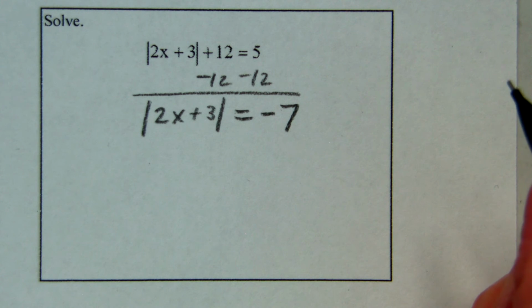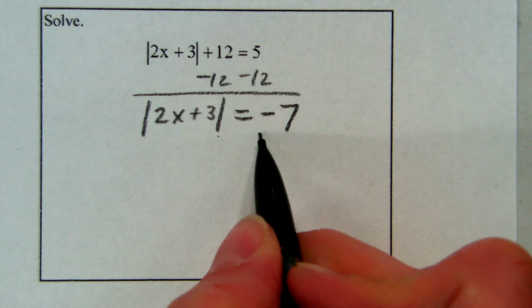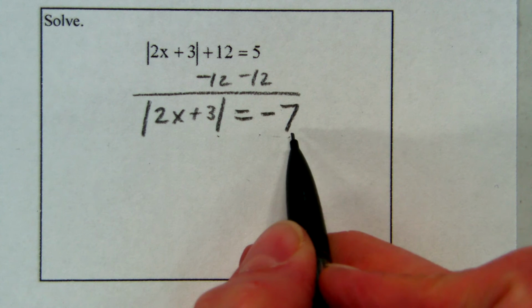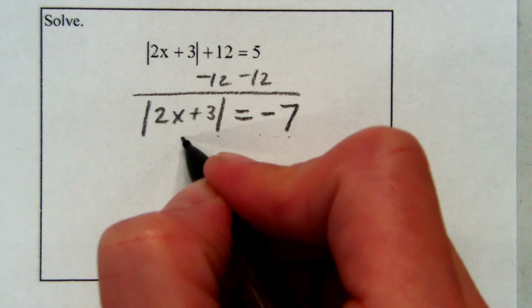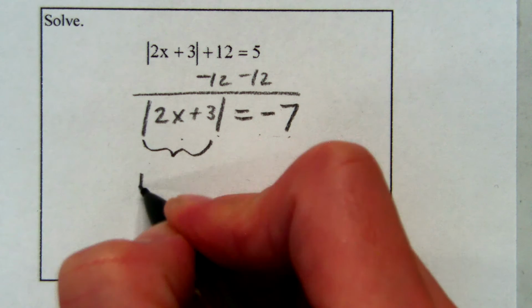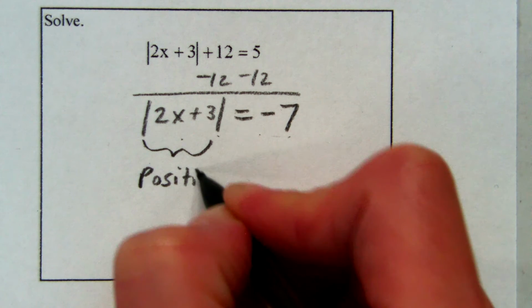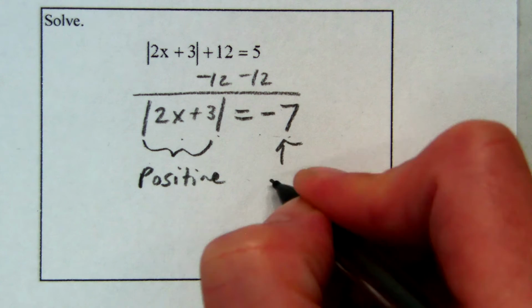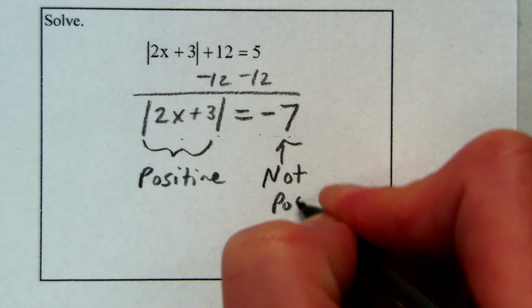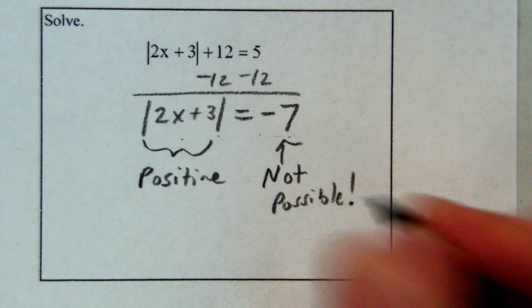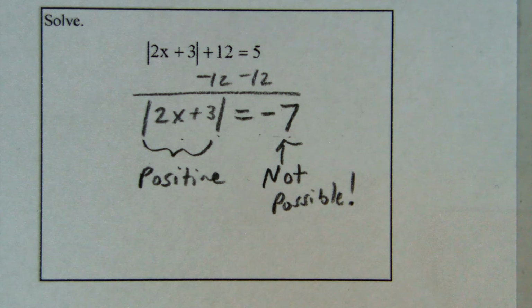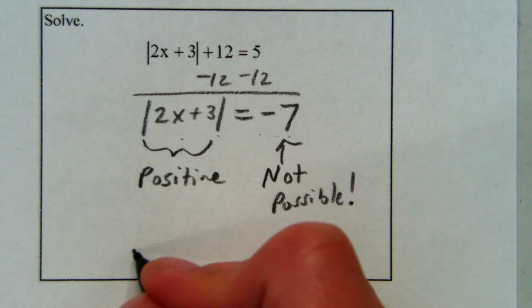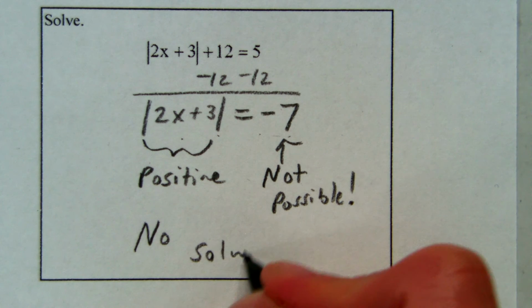I still have the absolute value, but what do I have over here? It's negative. An absolute value is always going to equal a positive. Having the negative over here is not possible. And so we don't even have to break this one apart and solve it. We're just going to say no solution.